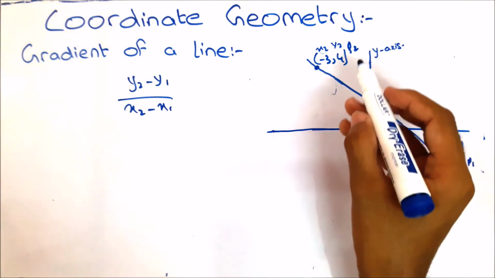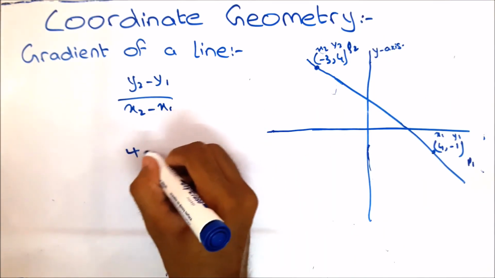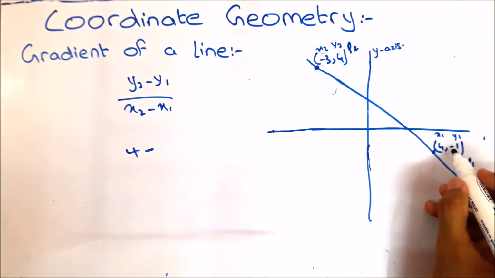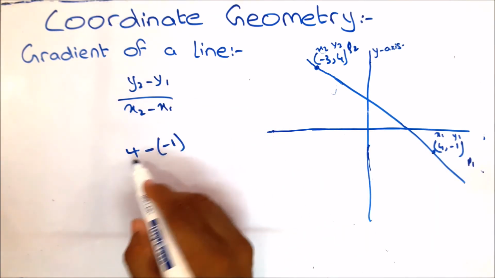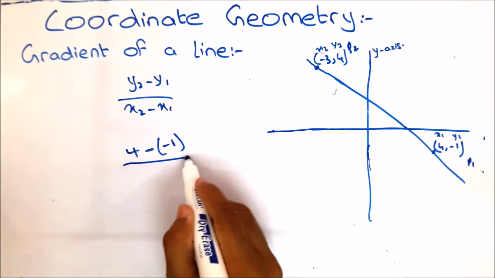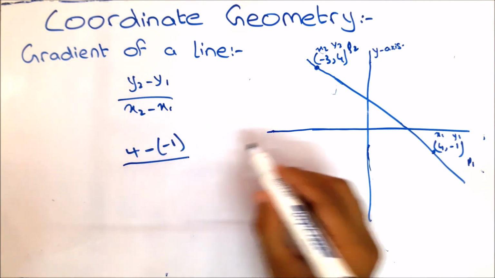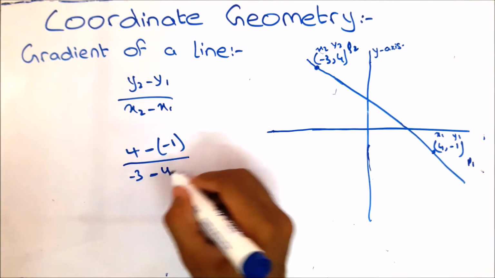Here our y2 is 4 minus, and our y1 is minus 1. Remember, whenever there is a negative sign, we put it like this. This minus sign is of the formula, we do not mess with this. Then x2 is minus 3, minus 4.